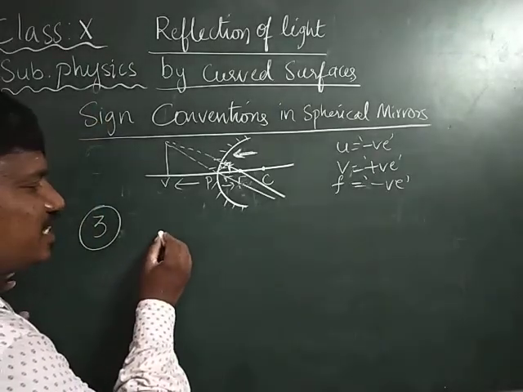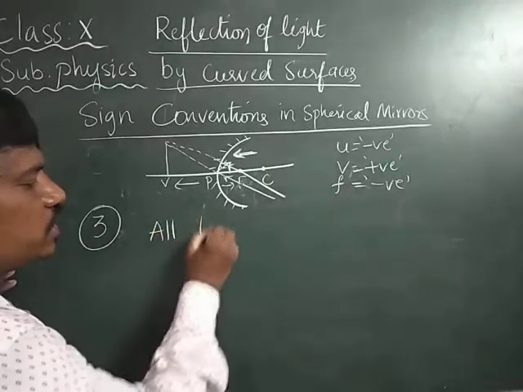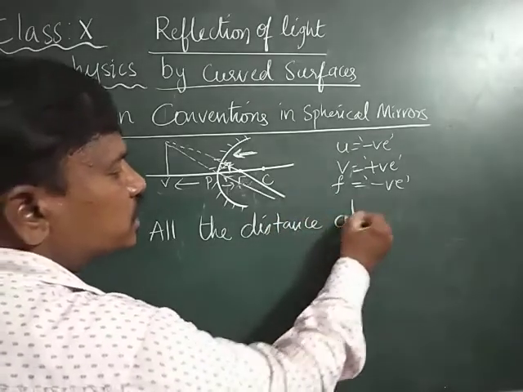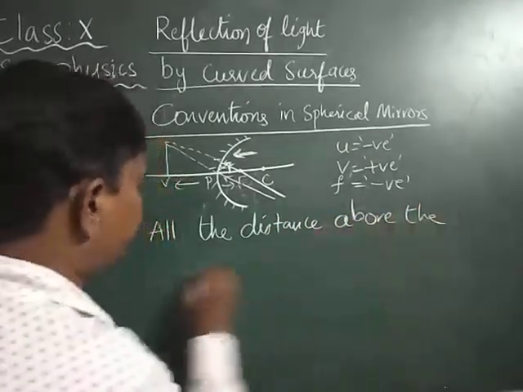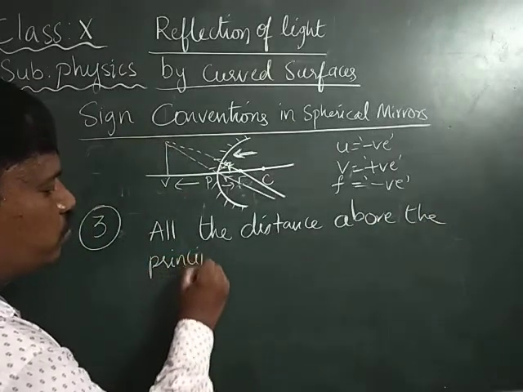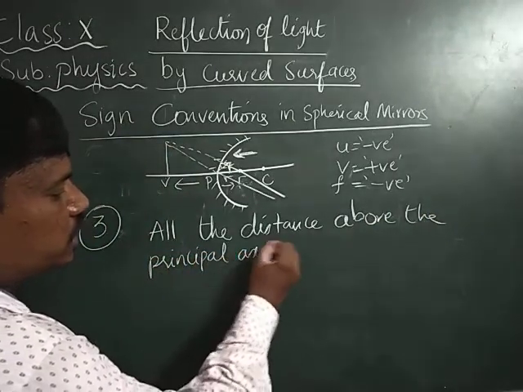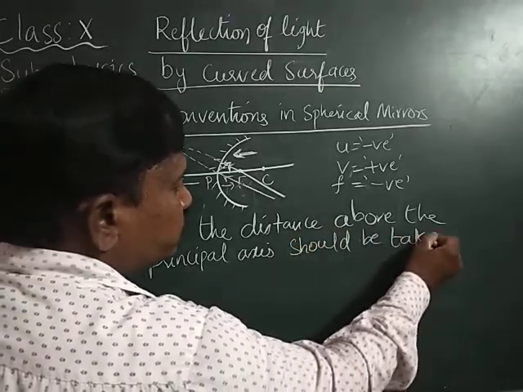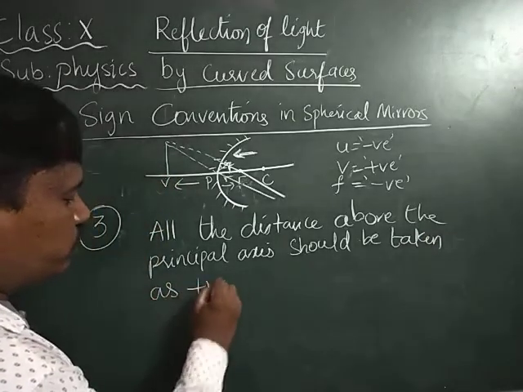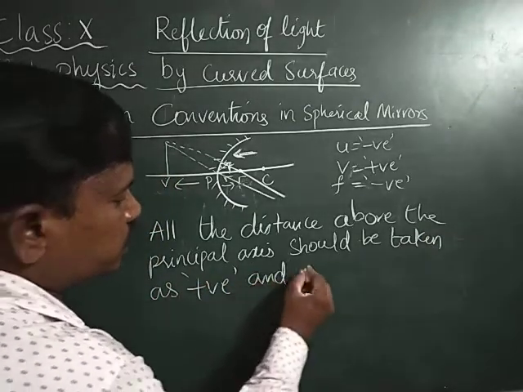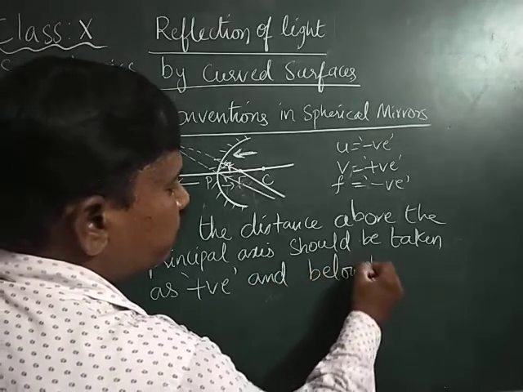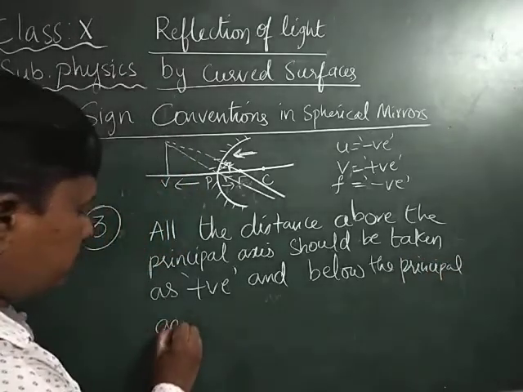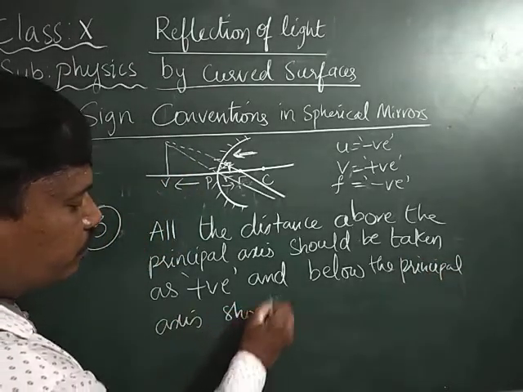All the distances above the principal axis should be taken as positive, and below the principal axis as negative.